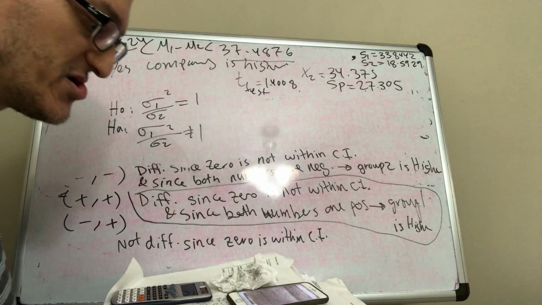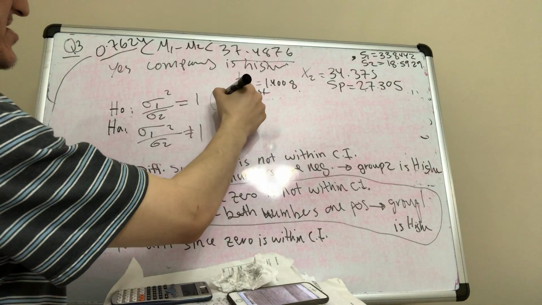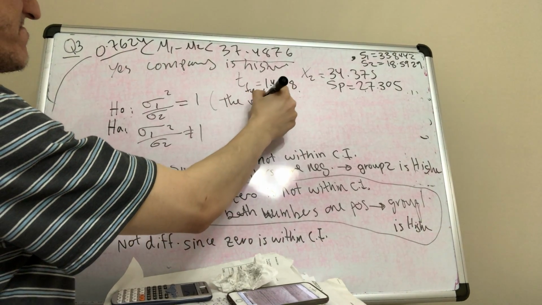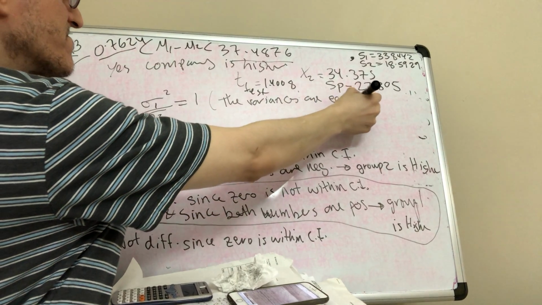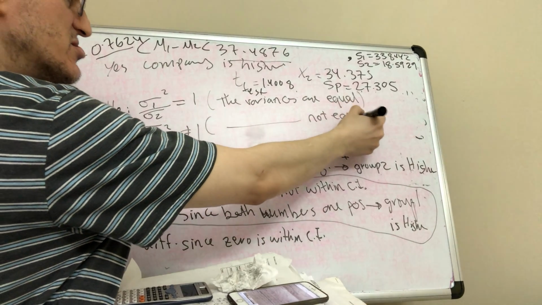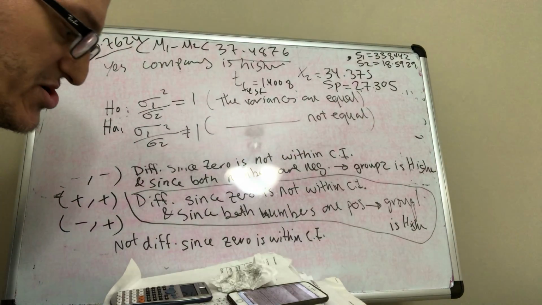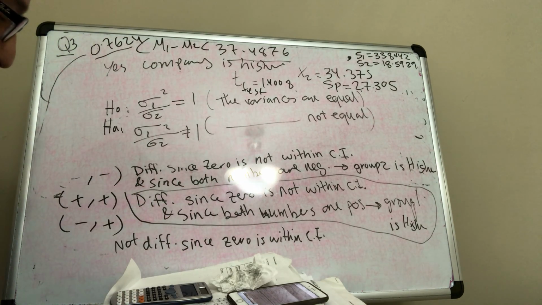This is what we do for equal variances. And here we say variances are equal, and here we say not equal. So for the part where you have to state the hypothesis, that's the only thing you need to say.